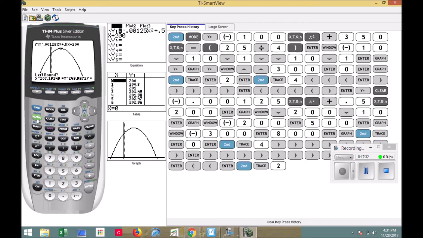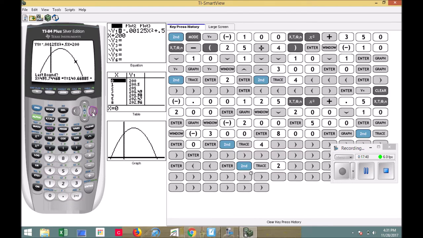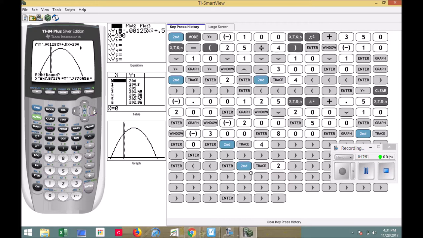Now I'm going to go with my right arrow down a good bit here, so I'm just going to keep hitting it, so that it's just to the left or above the x-axis. Enter. Right bound, I'm going to keep going until I can't see it anymore, because that means it's now below the x-axis, or I can see the y value is now negative. So that means it's to the right of the x-intercept, so enter.